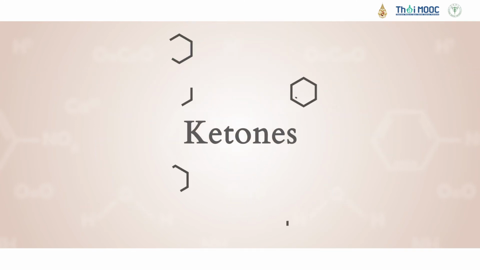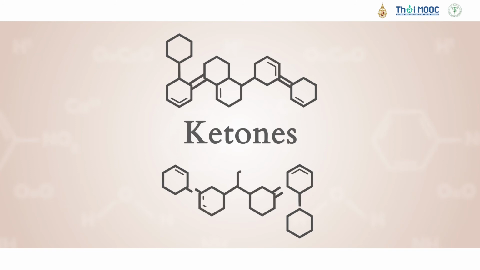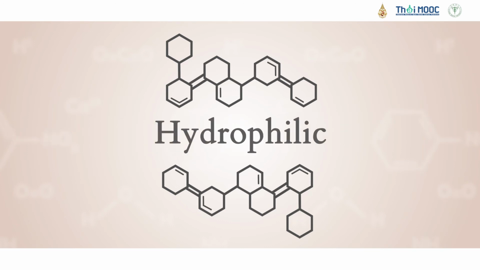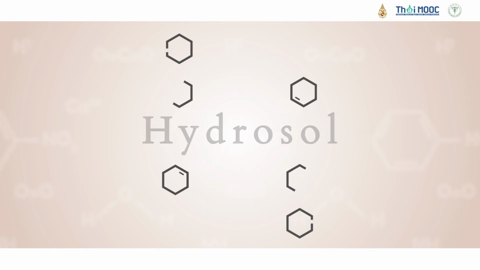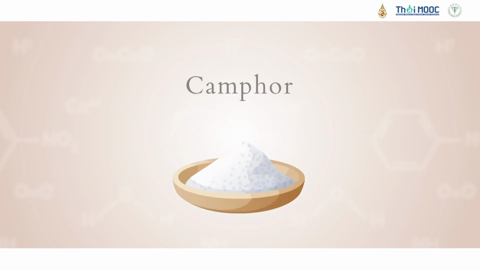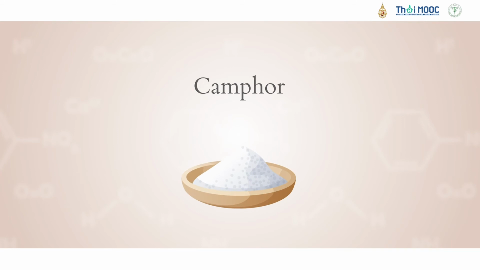The third group are the ketones. In these chemical groups, it has a suffix of -one. So they are more hydrophilic. That means they can be found a lot in the hydrosol. Camphor is an exception of this family.